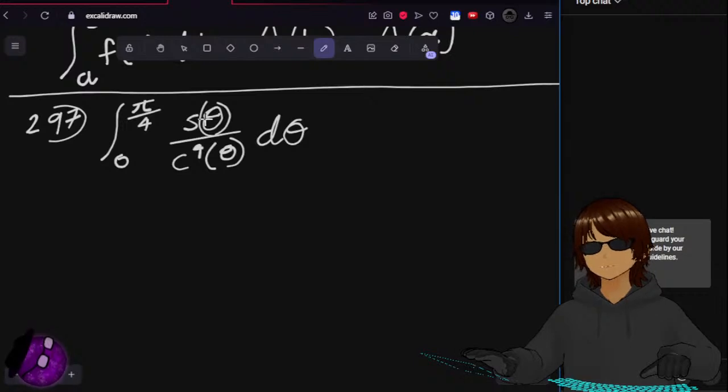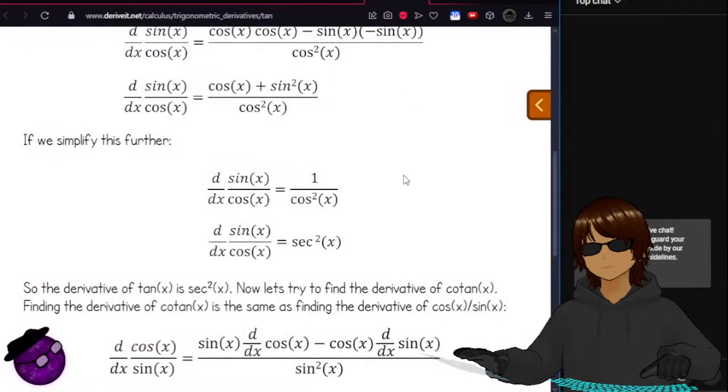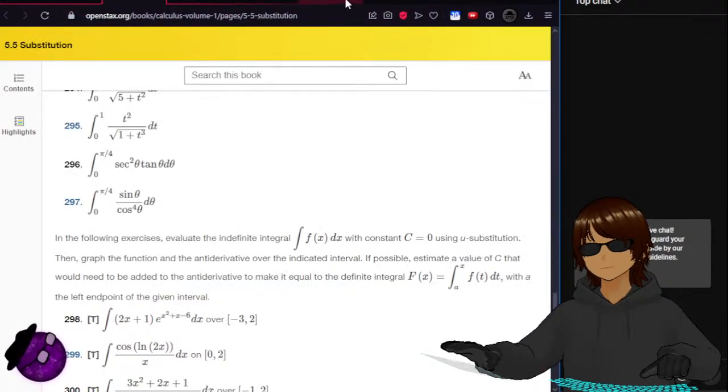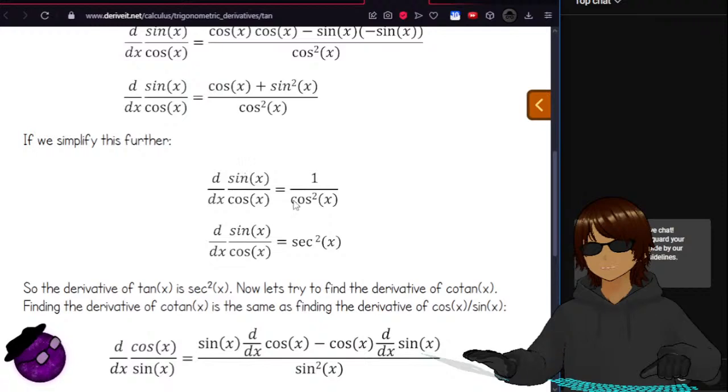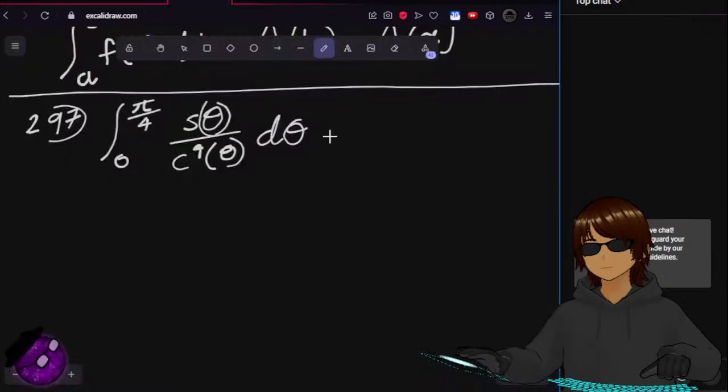Should I do tan theta over cos cube theta? Derivative of tan x is 1 over, wait.